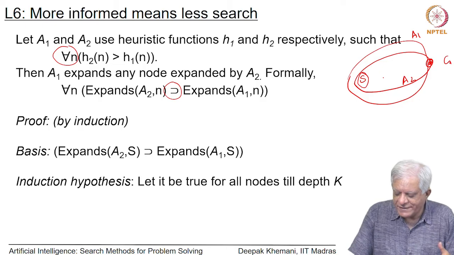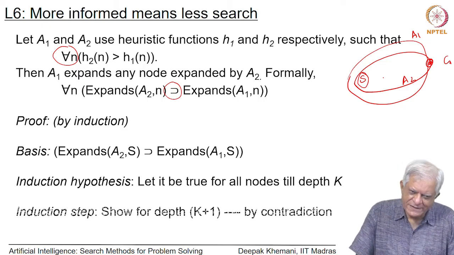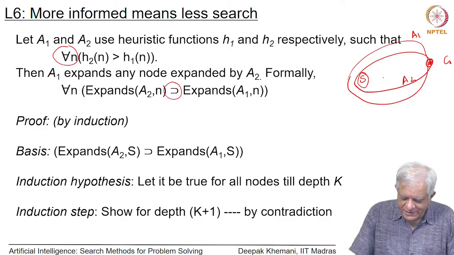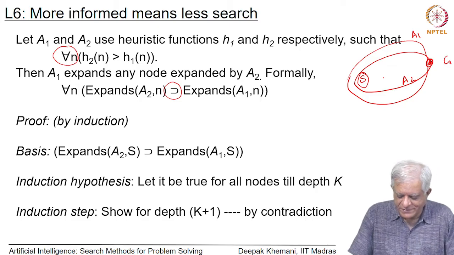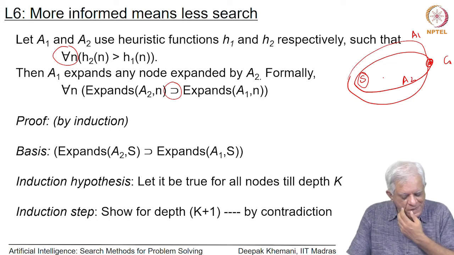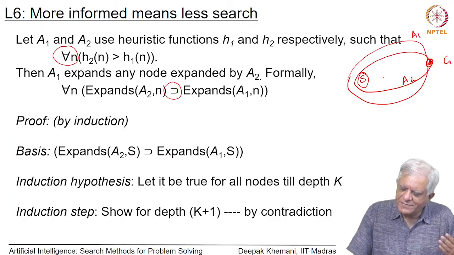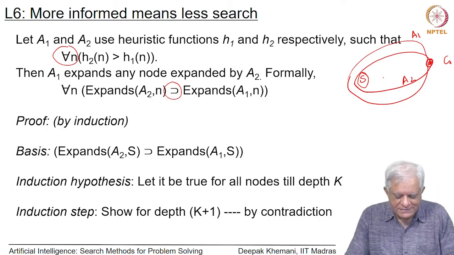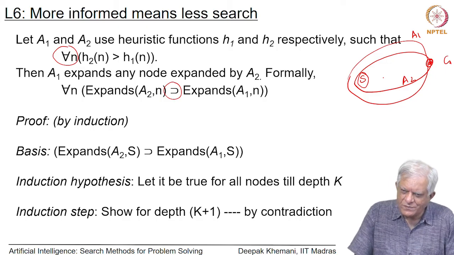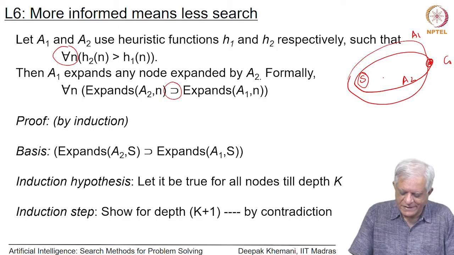So, we are assuming that this statement is true for all nodes up to some depth k, and the induction step will show that this is true for nodes which are at depth k plus 1. So, if it is true at start, which is at depth 0, and then if it is true at depth k, and if you can show that it is true at depth k implies that it is true at depth k plus 1, then by the principle of mathematical induction we can show that the statement is true for all n essentially.